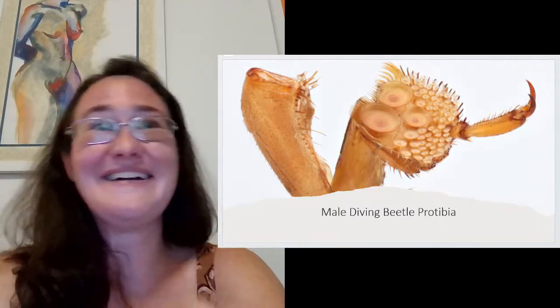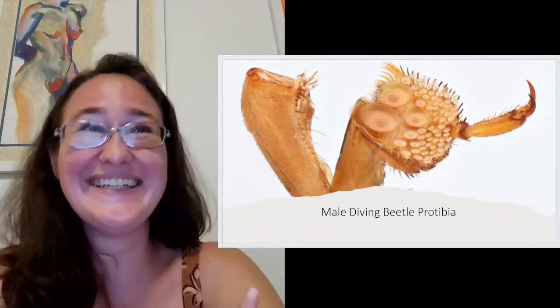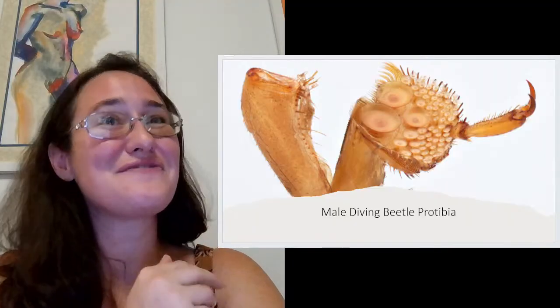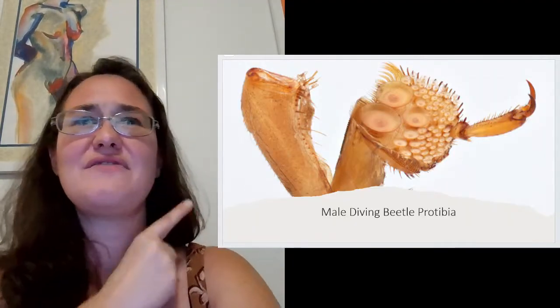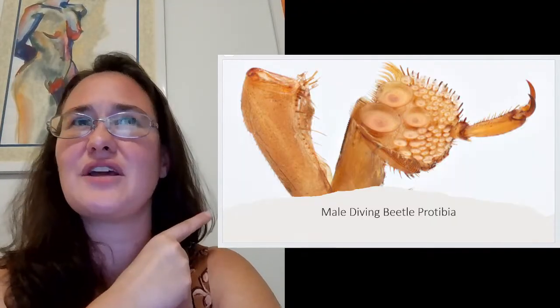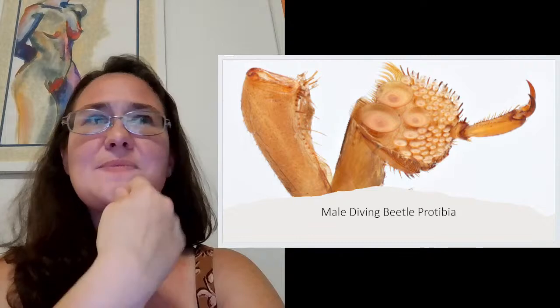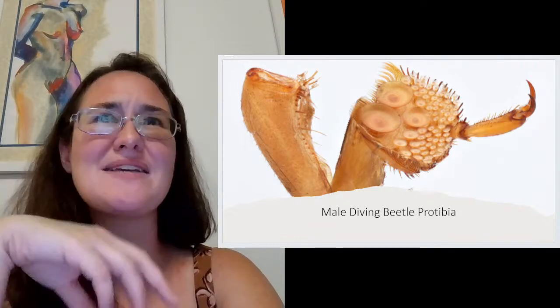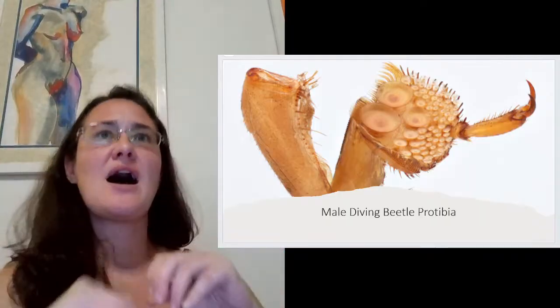And that is great, but not really great for the females. And keep in mind, this is a fairly advanced suction cup series. When they started evolving suction cups, the first ones were pretty basic, just like one or two really big suction cups on each leg.